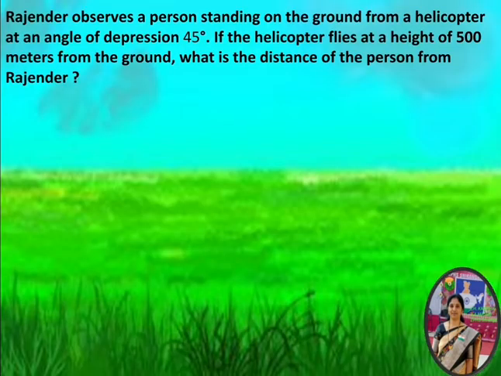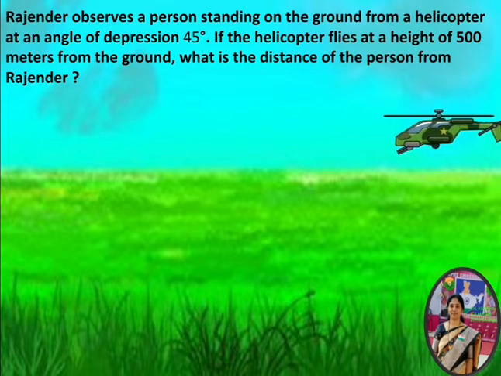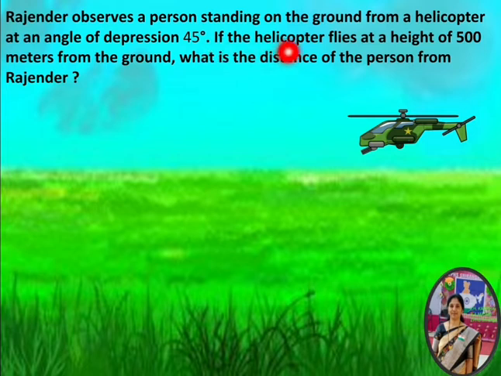So assume that this is the ground and Rajendra observes a person standing on the ground from a helicopter at an angle of depression 45 degrees. So that means Rajendra is in helicopter. So assume that this is the helicopter. Okay. So Rajendra is inside this helicopter and the helicopter flies at the height of 500 meters.